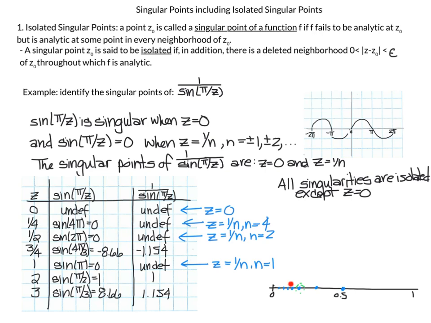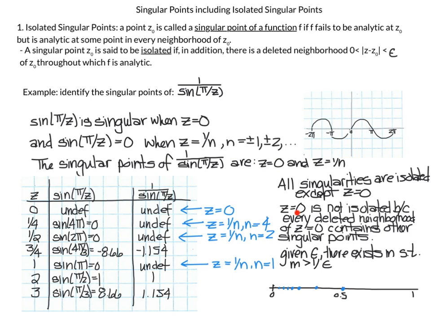So we can do this for each point. All these other singularities of this nature, except at z equals 0, we look at the next singularity that's closest and then draw a radius that's smaller than the distance between the singularity we're considering and the next closest singularity.